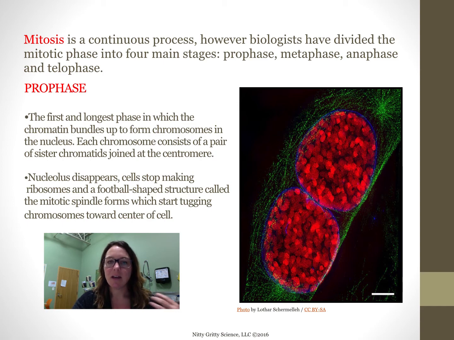Remember, the DNA copy has already been formed, so the chromatin are going to bundle up to become tight chromosomes, find their sister chromatid pair, and join up in the center at centromeres. The nucleolus disappears, the cell stops making ribosomes, and a football-shaped structure called the mitotic spindle forms. These spindles will start tugging the chromosomes toward the center of the cell.